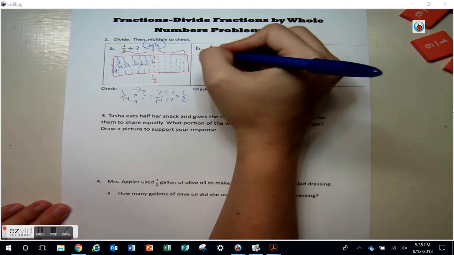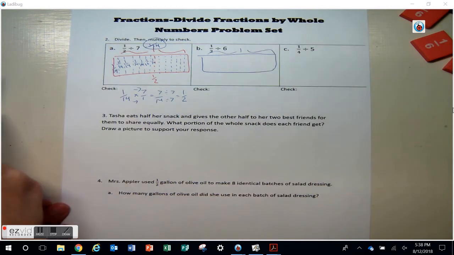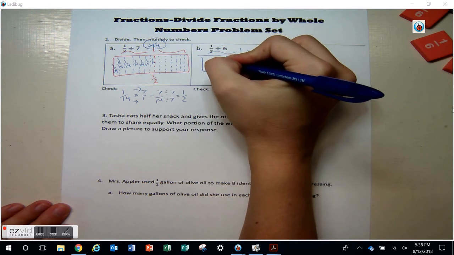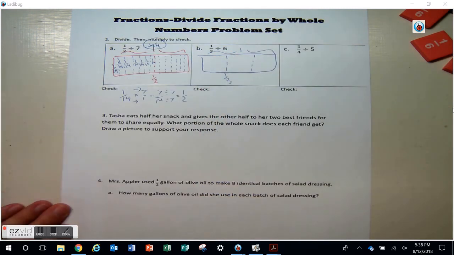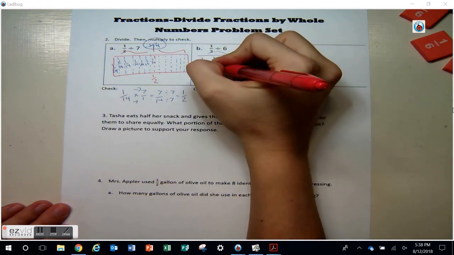Here we go. Whole thing. And I have only 1/3 to start. I want to split that 1/3 up into 6 groups.